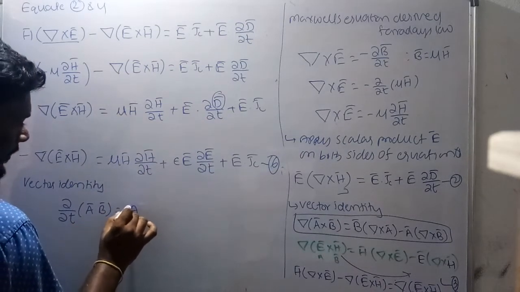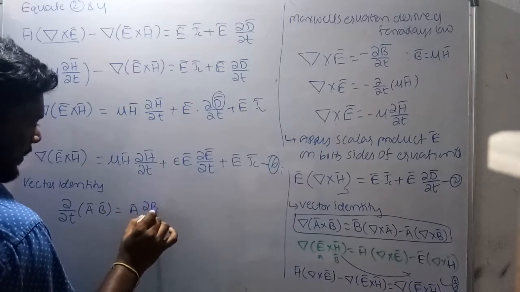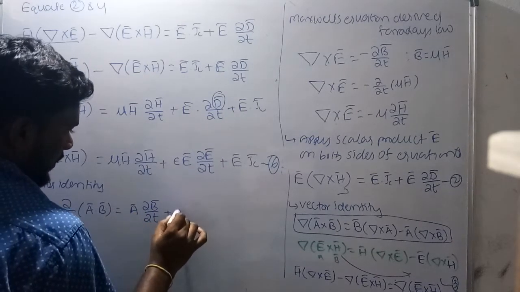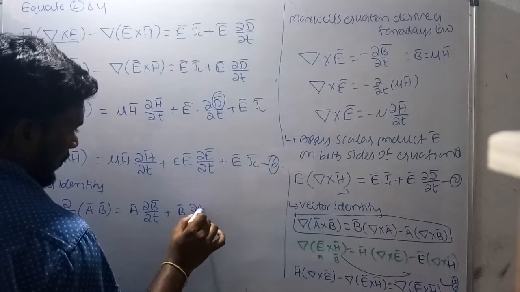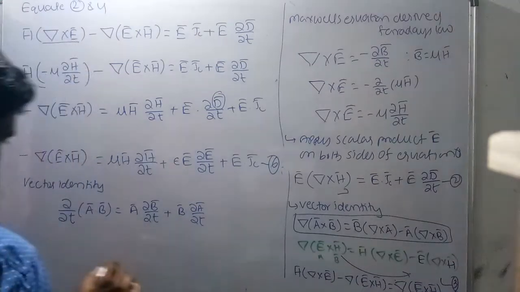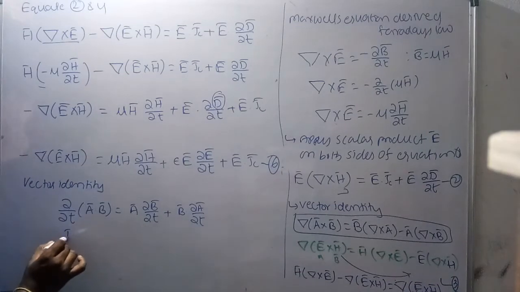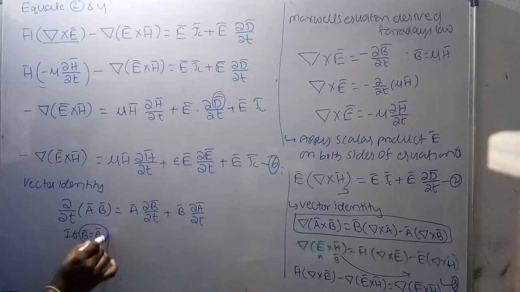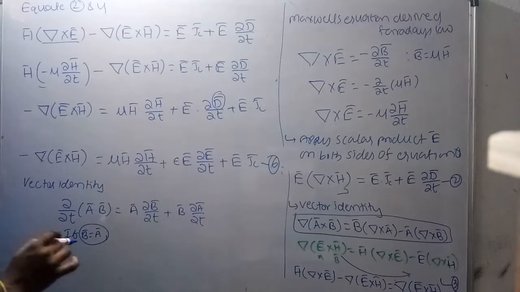It is a bar dou b bar by dou t plus b bar times of dou a bar by dou t. This is a vector identity. Suppose b bar is equal to a bar, wherever b is there, you substitute with a.